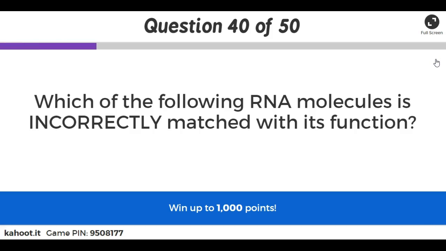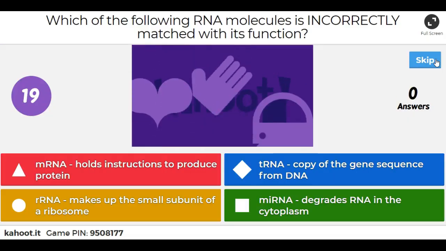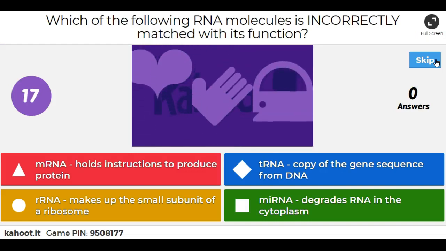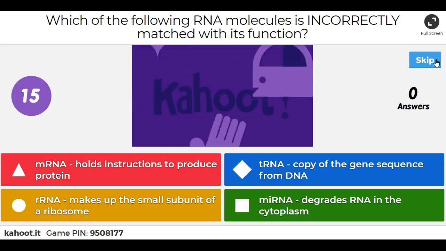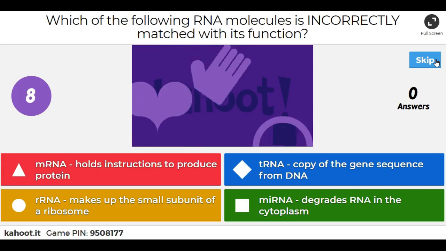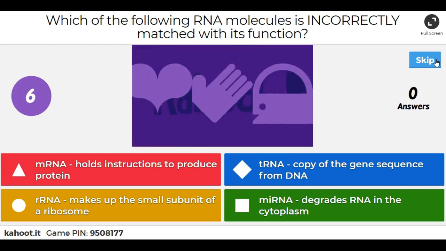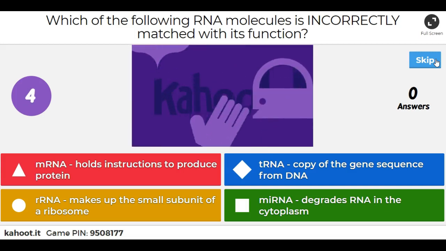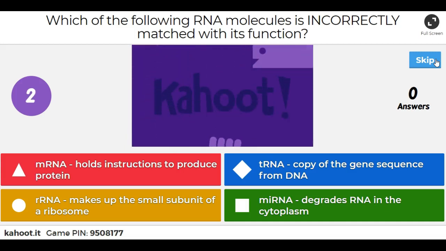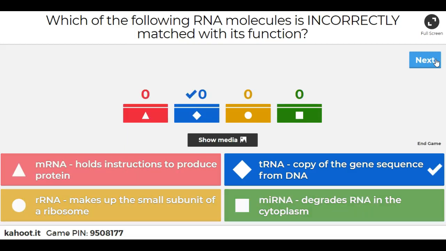Which of the following RNA molecules is incorrectly matched with its function? So the one that is incorrectly matched is tRNA, and that it carries a copy of the gene sequence.